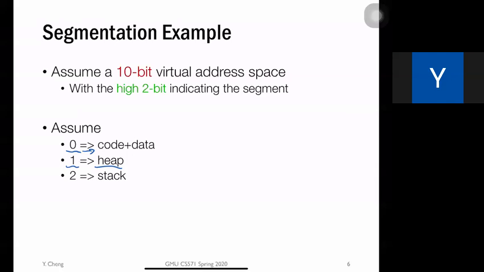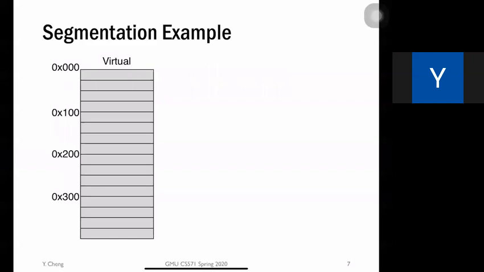And segment ID 2 gets mapped to the third memory segment, which is called the stack. And the stack consists of different function stack frames stacked on top of each other. Okay. So in this slide, on the left-hand side, it shows the virtual memory layout. As you can see, this virtual memory is further partitioned into a total of 16 fine-grained memory blocks.